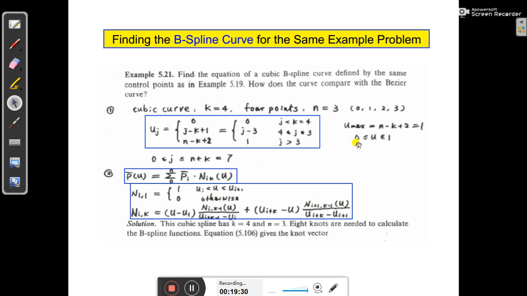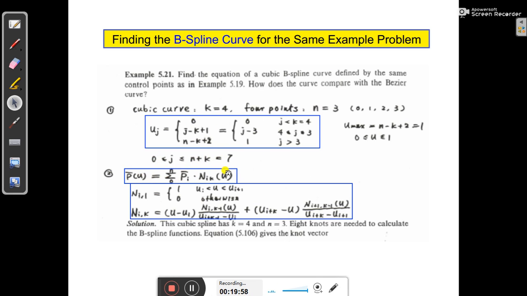And u varies from 0 to 1. The maximum u is n minus k plus 2, that is 3 minus 4 plus 2, which is 1. That is why the maximum value of u is 1. And j ranges from 0 to n plus k, which is 3 plus 4 equal to 7.